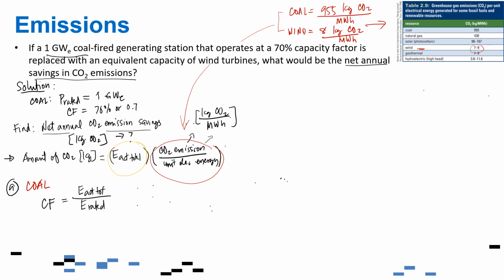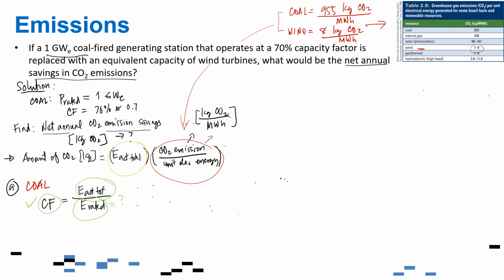So I will just put rated here, right? In this case, for coal, we can now get the total actual energy because CF is already given and E rated is not given, but we can solve for it.